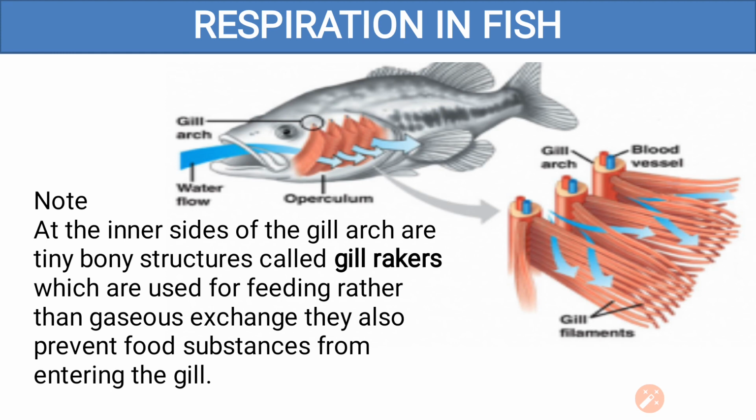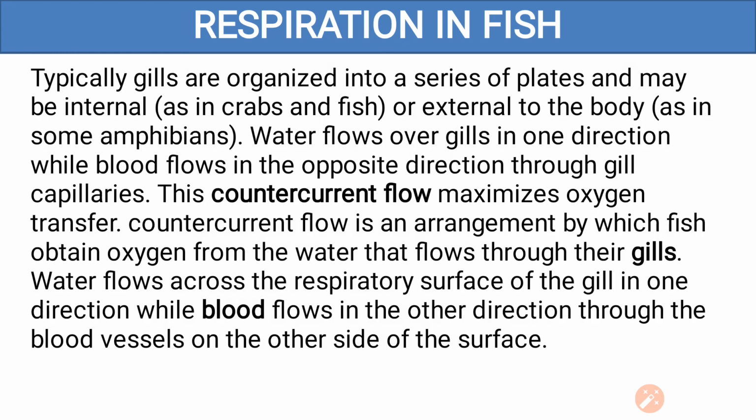They are not for breathing, they are for feeding. Okay, and they also prevent food substances from entering the gill. So within the gill arch, you can see the gill rakers there. These gill rakers are very protective because they protect the gills and also help in feeding.